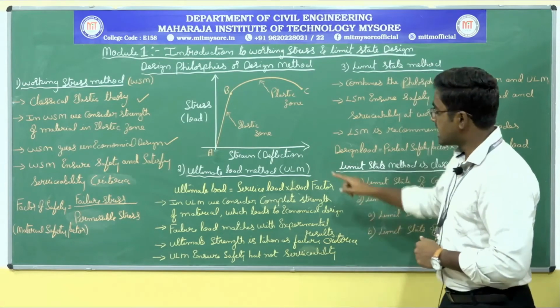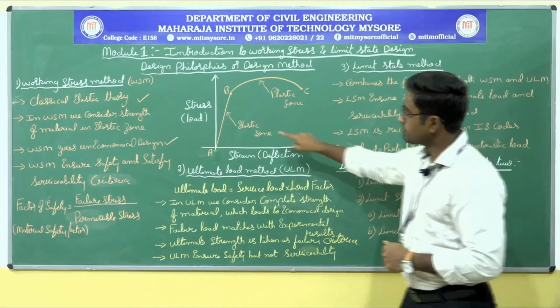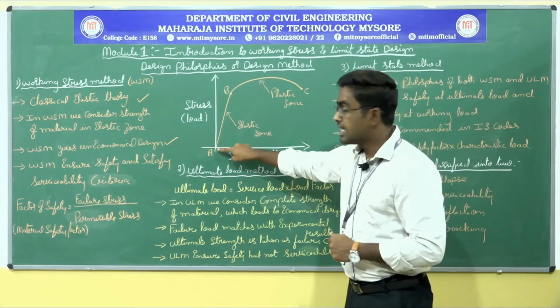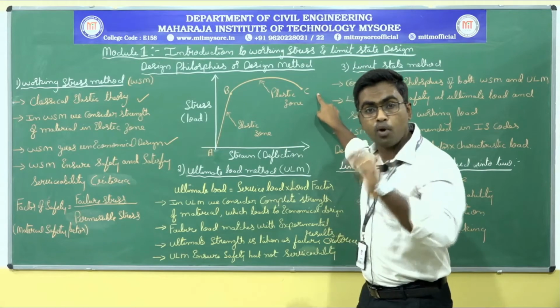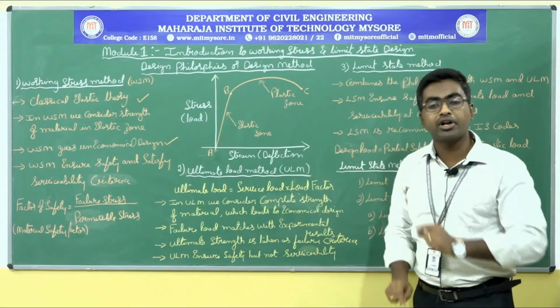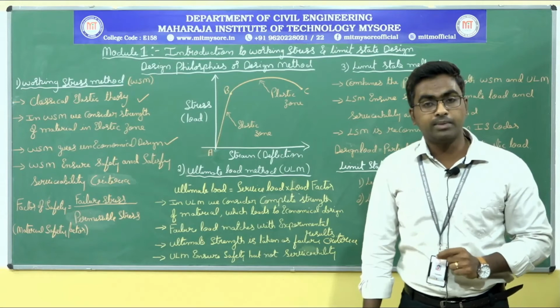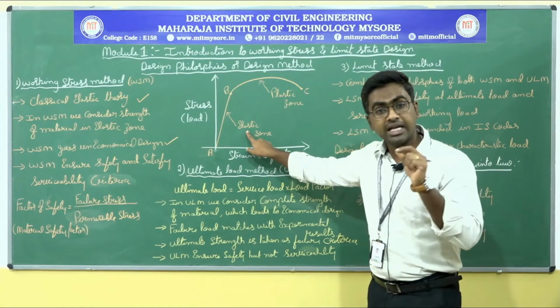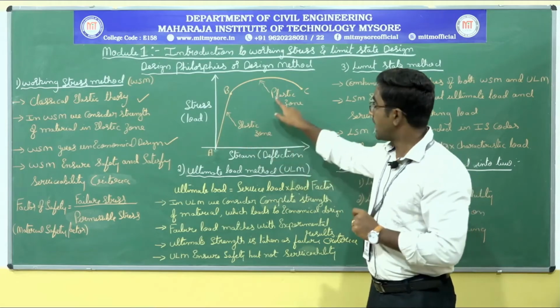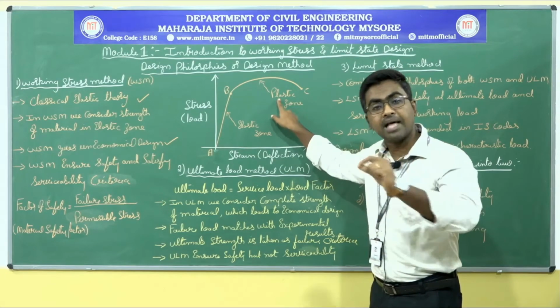See, in the ultimate load method we are going to use the complete strength of the material up to the failure point, and this is the very important feature of the ultimate load method. That means we are going to use the strength of the material in the elastic zone and also the strength of the material in the plastic zone.